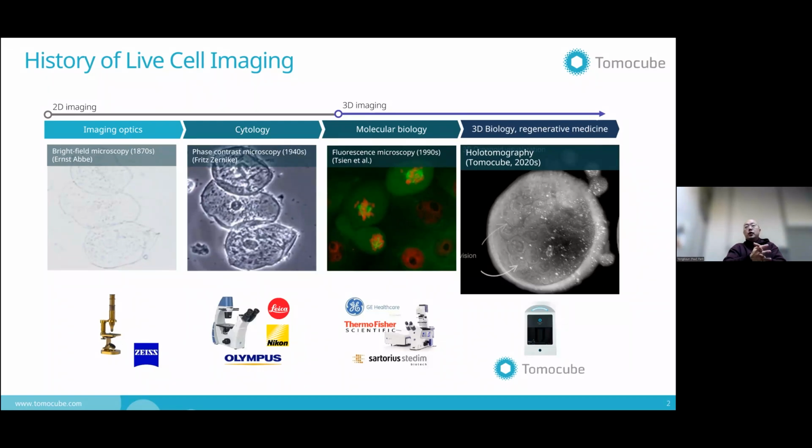But now we see the areas of 3D biology, such as microphysiological systems, organ-on-a-chip, and organoids, and regenerative medicine like embryogenesis, stem cell biology, and therapeutic applications. So we believe 3D, high-resolution, label-free imaging is very important for the future of these topics.